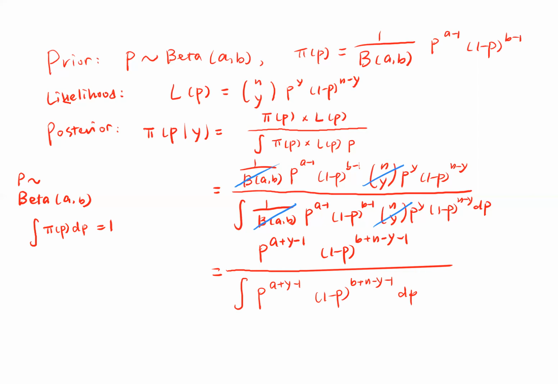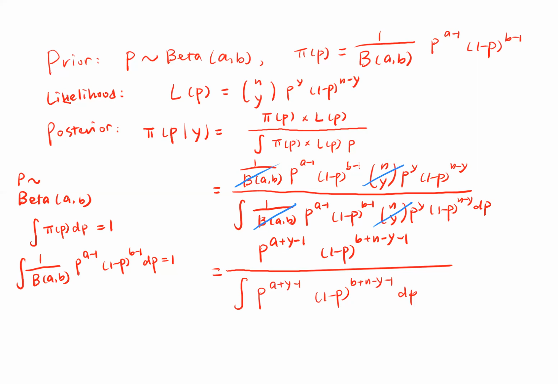So that means if we plug in what we have in terms of the prior, the integration of 1 over B(A, B) times p^(A-1)(1-p)^(B-1) dp should be 1, right? That's just by the property of being a proper distribution. This is a great hint because, as you can see, 1 over the beta function B(A, B) is a constant.